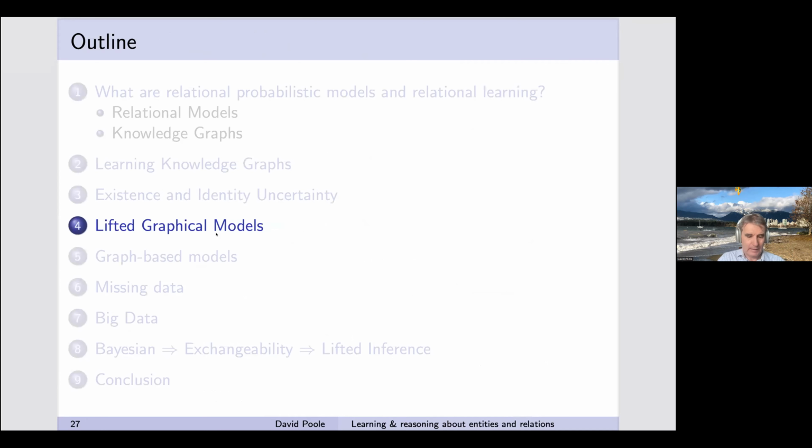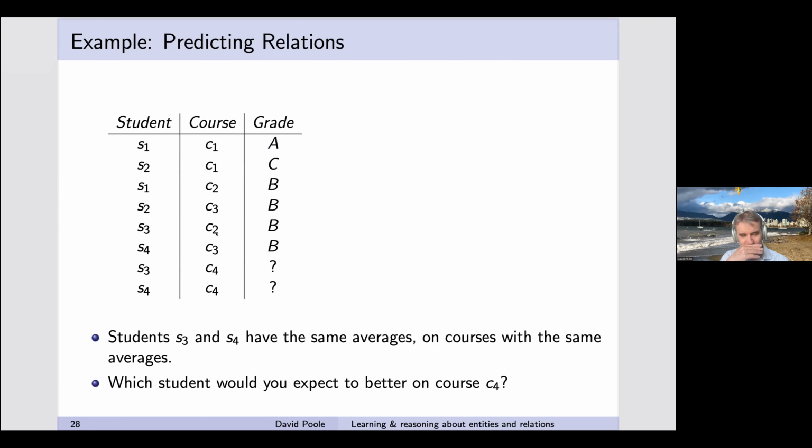All right. So let's now talk about an older model called the lifted graphical model. A lifted graphical model starts off with thinking about graphical models, as in Bayesian networks and Markov networks, etc., and then lifts them. So here's the problem. I put this up before, for those people who were here early, I put up this exercise. There are these 4 students and these 4 courses.